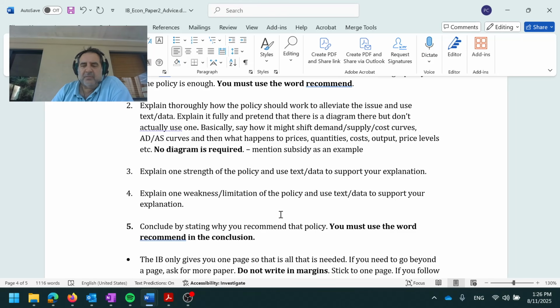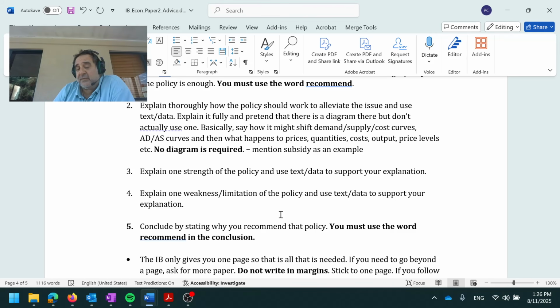Step 4, just explain one weakness or limitation of a policy, and again, formulate whatever text and data is there to support your counterclaim or your explanation. To give you an example, if you're suggesting a tax to maybe correct a negative externality, you may have done a calculation in section A, which may indicate that the demand for the product might be inelastic.